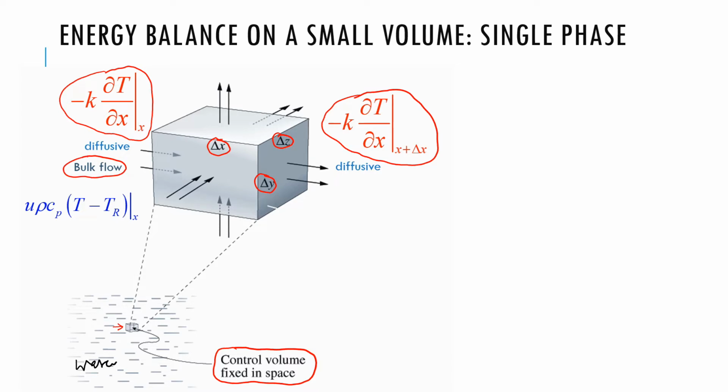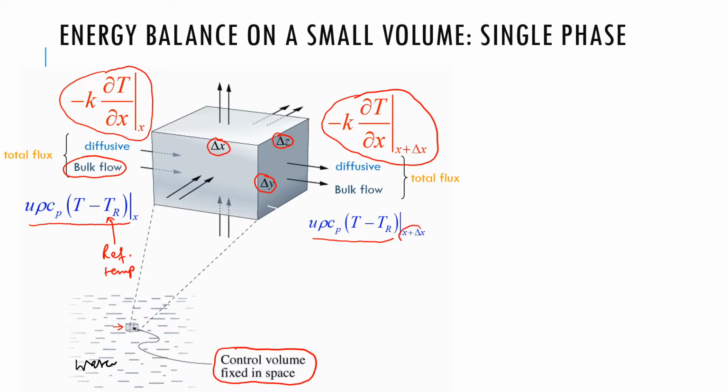So bulk flow, the flux due to bulk flow, as we have derived earlier, is U times rho times Cp times T minus Tr, where Tr is simply a reference temperature that will get cancelled out later on anyway. And heat going out by bulk flow is also the same thing but evaluated at x plus delta x.